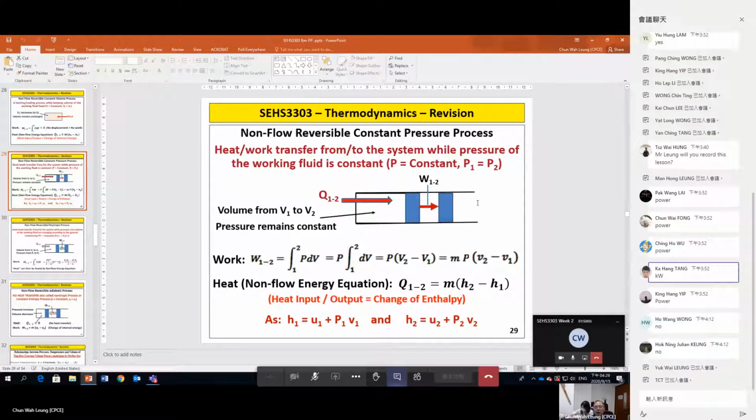So therefore, this time we are not keeping the volume constant, but we are keeping the pressure constant. The pressure will be constant at a certain value. This is what we call the non-flow constant pressure process.